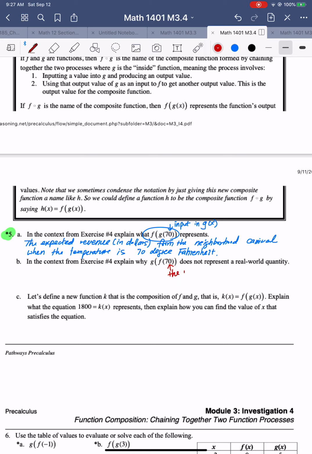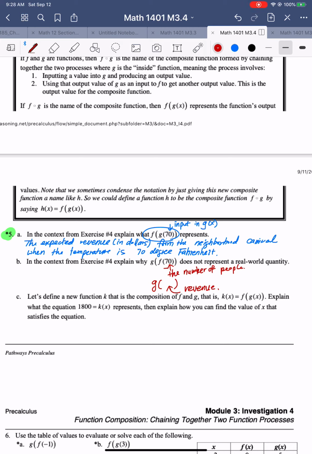So the number of people, and then you get the revenue, which means g of whatever, right? This is going to be the revenue. But the g function's input should be the temperature. So temperature does not equal revenue, right? So that's why it doesn't make sense.